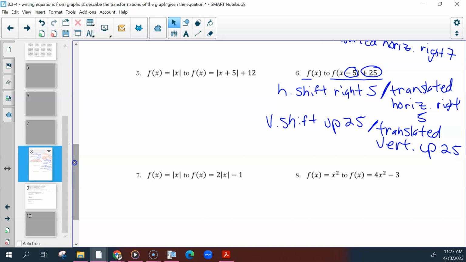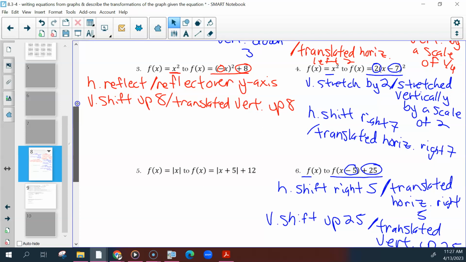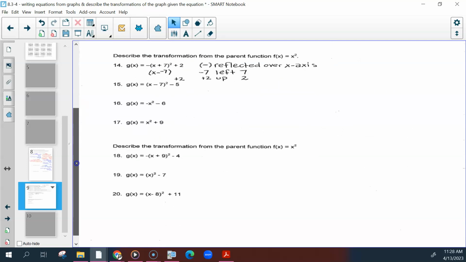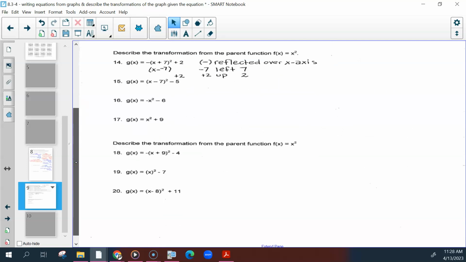Three, the Khan Academy from the 31st, if you haven't already done that. Today would be a good time to get that done so it's not hanging over you. Or you can do the rest of the problems in this for practice, 5, 7, and 8, as well as 14 through 20 on the back. So you could be working through any of that.